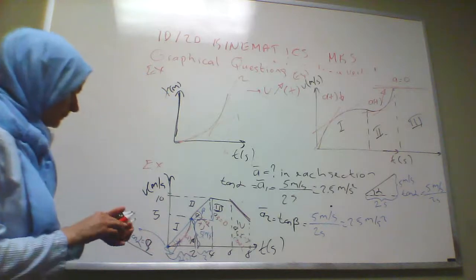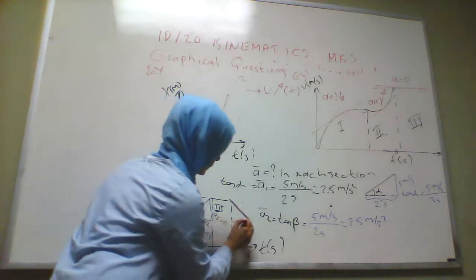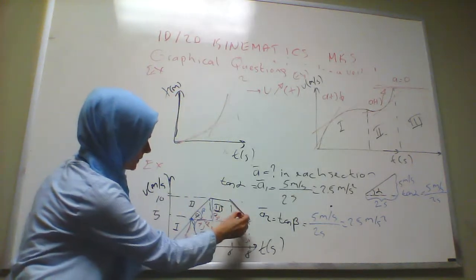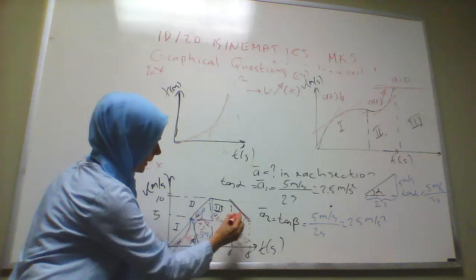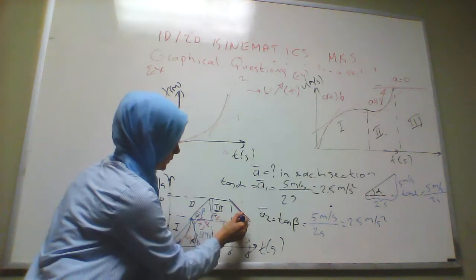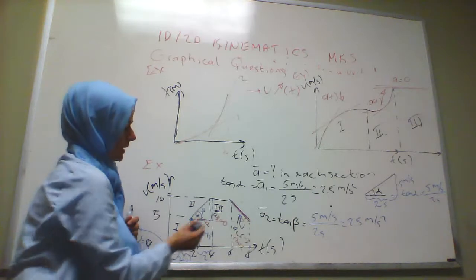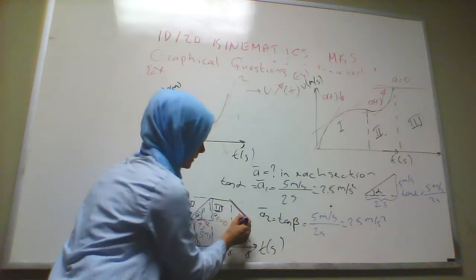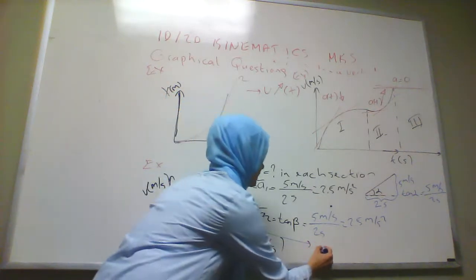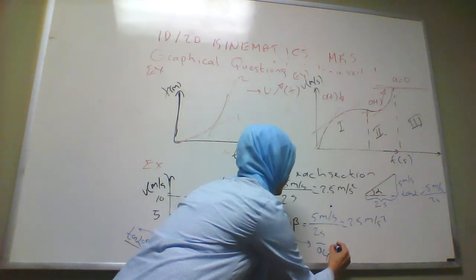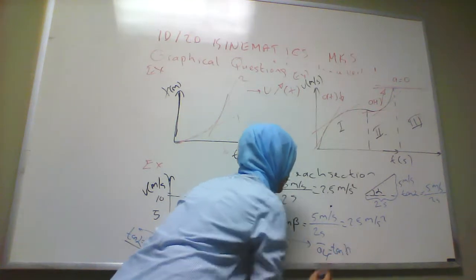Let's look at A4. It will also be the same. Here we have 5. Let me call this gamma angle. I'll use blue here, we already have something red. And A4 average will be tangent gamma.